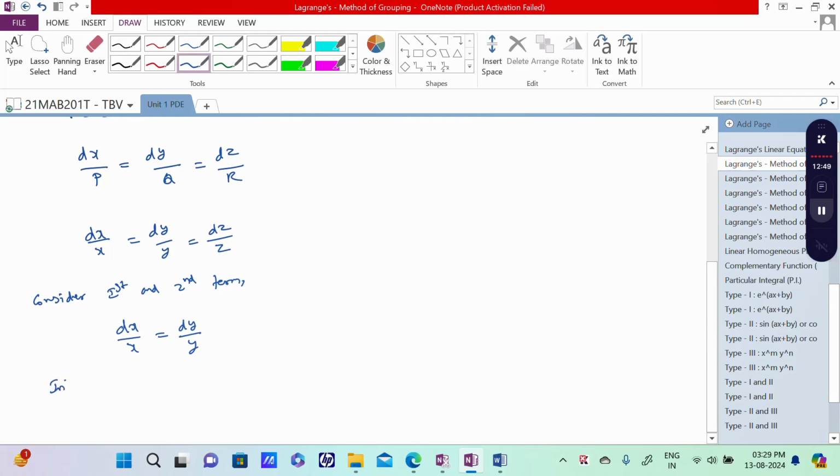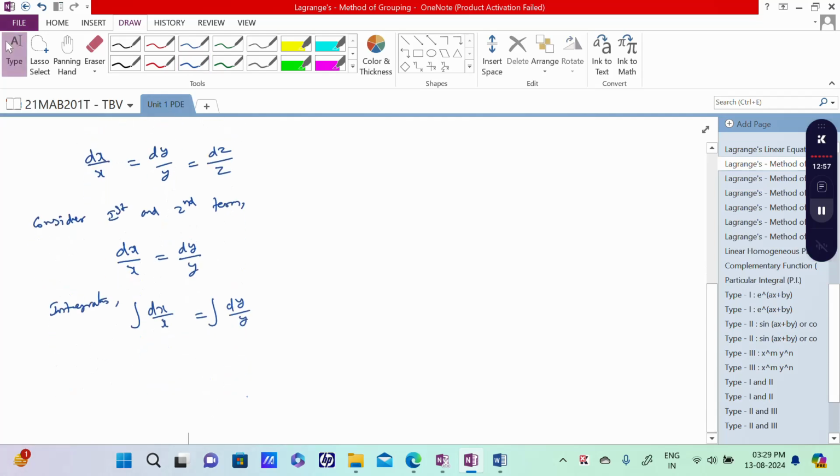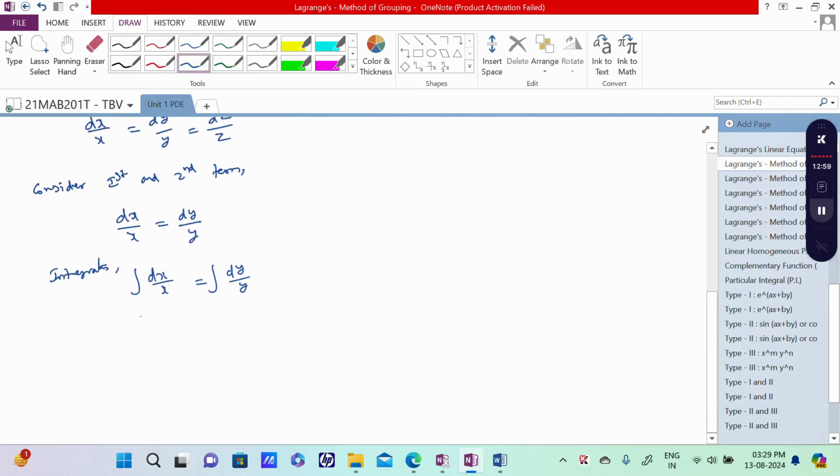Now integrate dx by x and dy by y. After integration, dx by x gives log x, and dy by y gives log y. The constant could be c or c1 or a, but for simplification I am taking log a. It is easy for simplification.